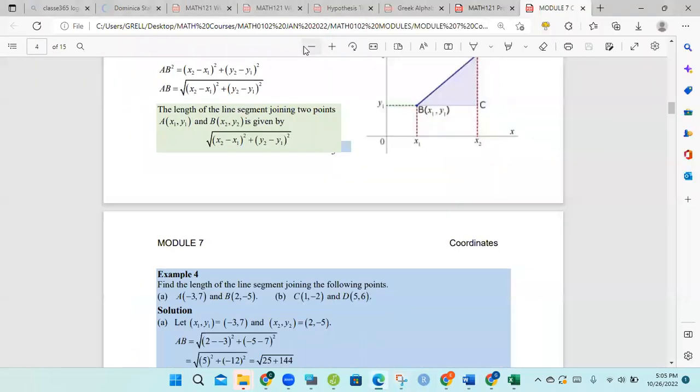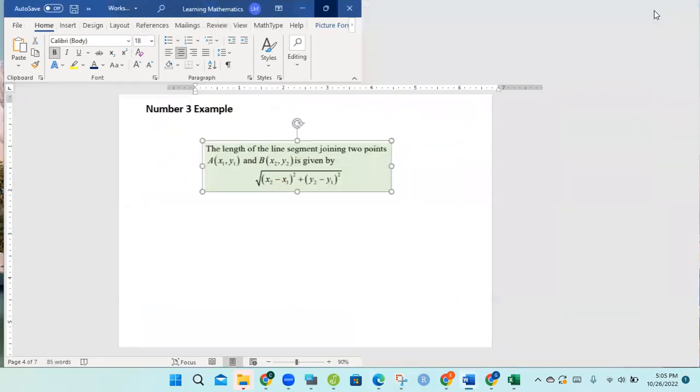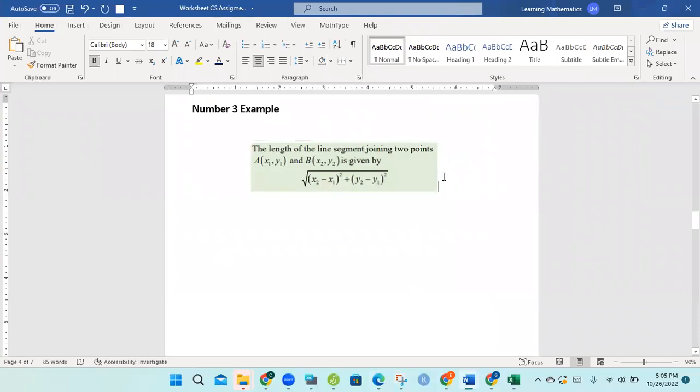And we can formulate an example. These examples have negative numbers, so we can put negative numbers in our example.